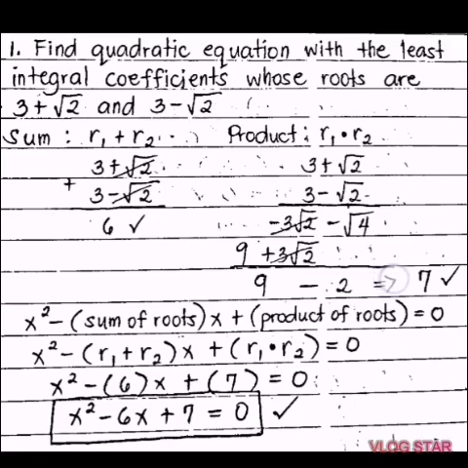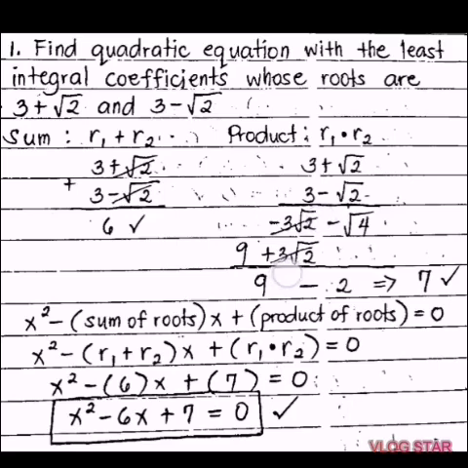Bring down 9 here and then add. They have the same radicand, right? Because it is square root of 2. That's why we can add or subtract. We have negative 3 here and the other is positive 3. So negative 3 plus 3 is 0.